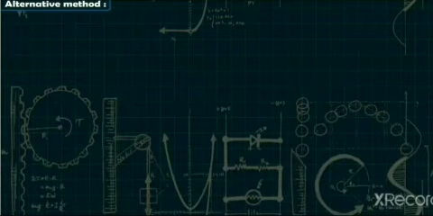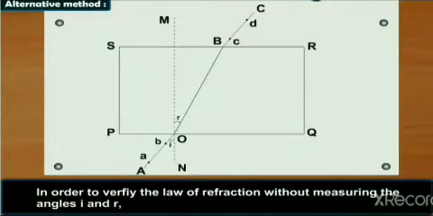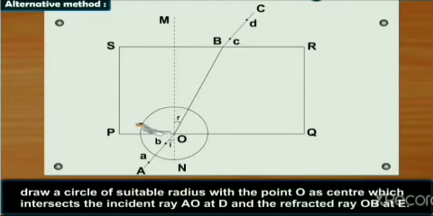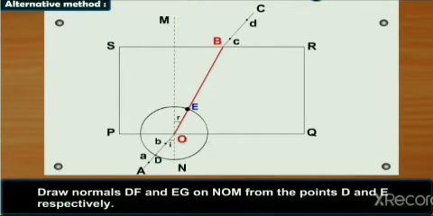Alternative method. In order to verify the law of refraction without measuring the angles I and R, draw a circle of suitable radius with a point O as center, which intersects the incident ray AO at D and the refracted ray OB at E. Draw normals DF and EG on NOM from the points D and E respectively.